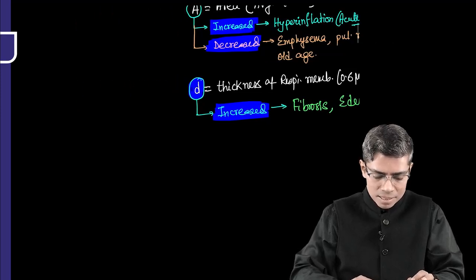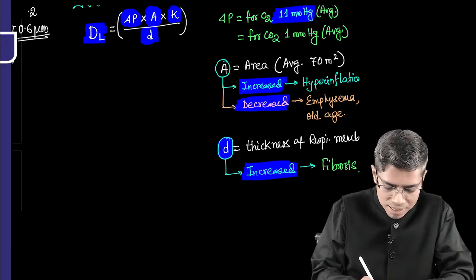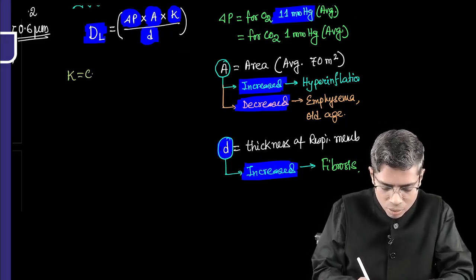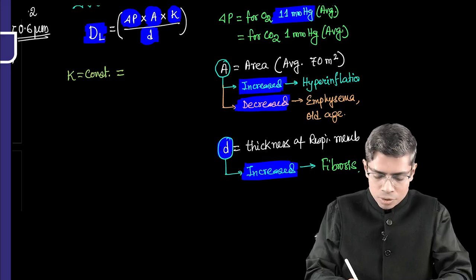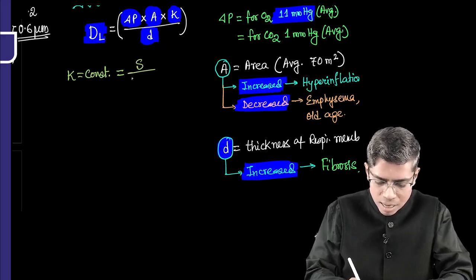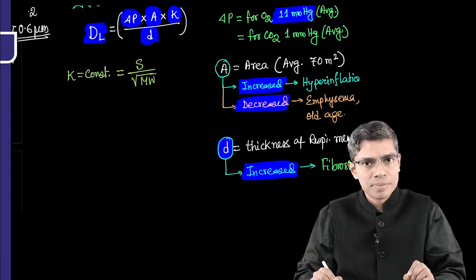So now, after discussing D, I am coming to K. I told you that K is nothing but a constant. This constant depends on the solubility of the gas and on the root of the molecular weight. So it is solubility over the square root of the molecular weight.